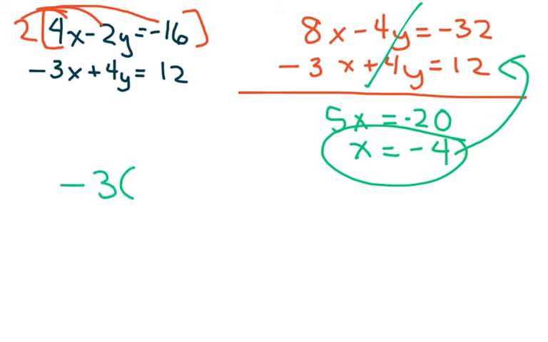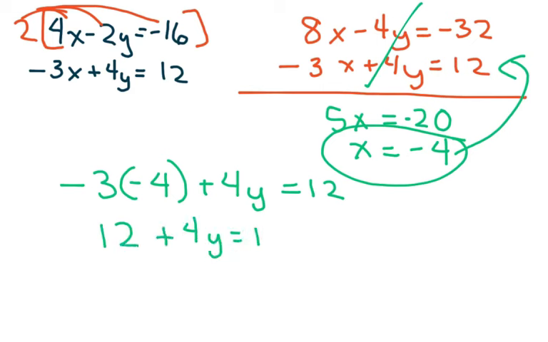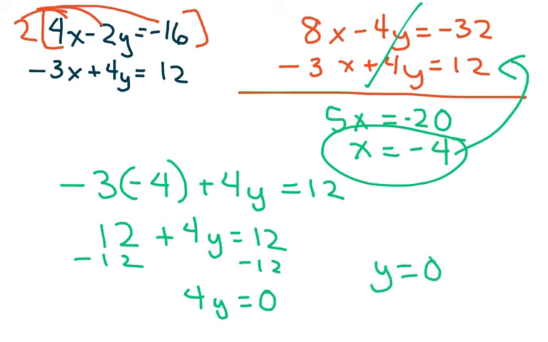So negative 3 times negative 4 plus 4y equals 12, and I'm going to solve for y. So I get 12 plus 4y equals 12. Subtract 12 from both sides. Get 4y equals 0. Divide both sides by 4, and you get y equals 0. So our solution is x is negative 4 and y is 0.